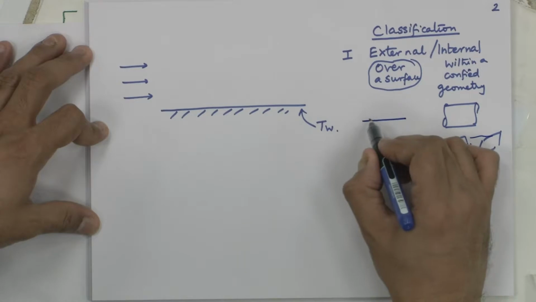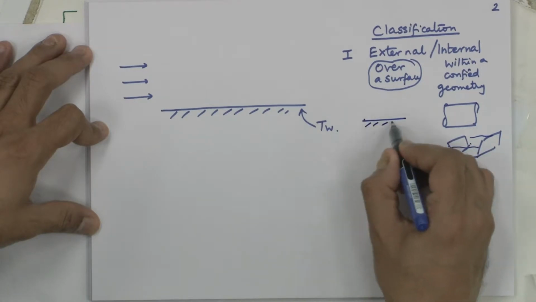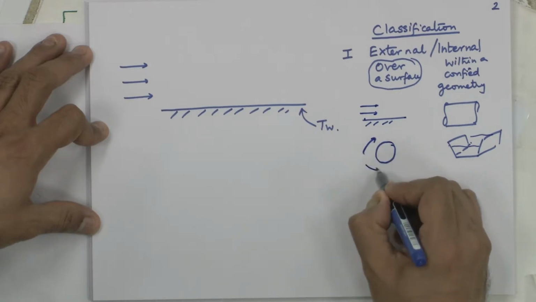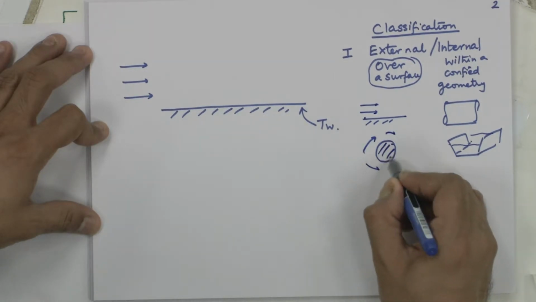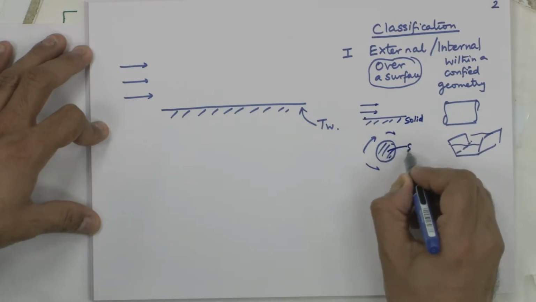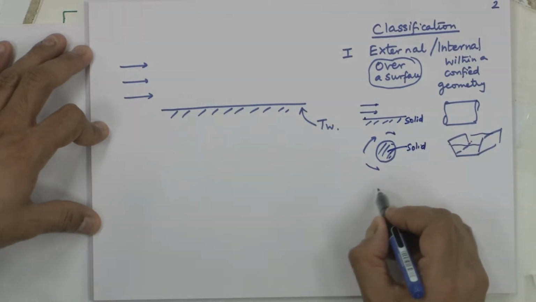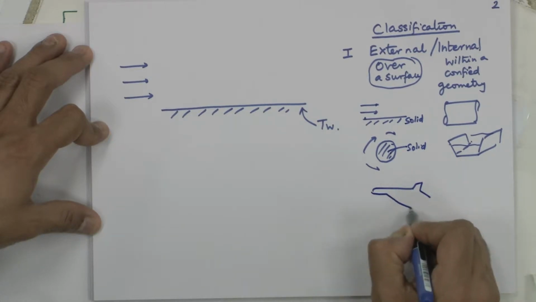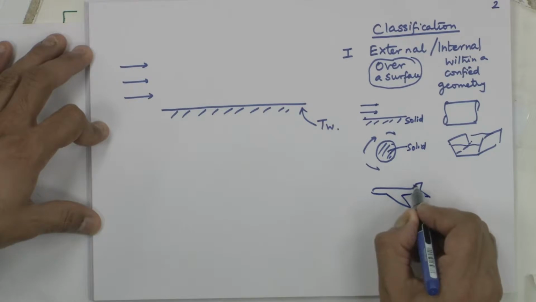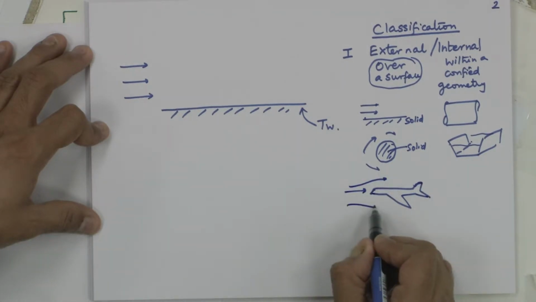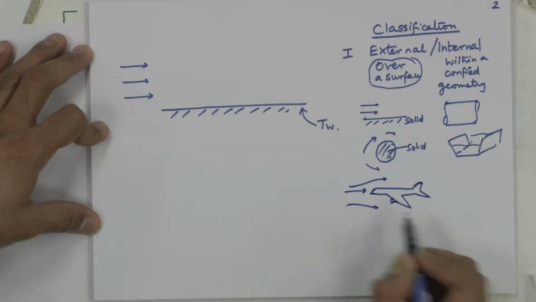External flow is flow over a surface, flow around a cylinder where the fluid is flowing around a solid surface, flow over an aircraft. So, it is as if this is the flow which is happening.